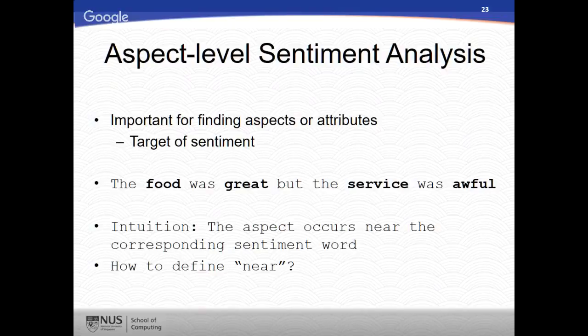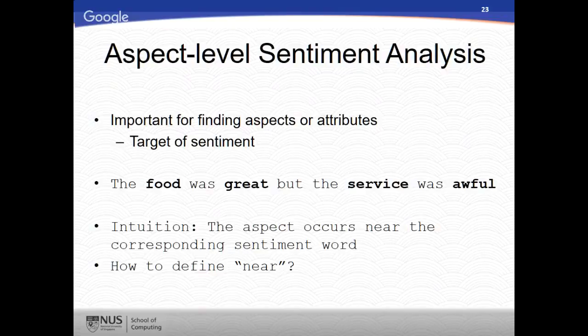It requires some linguistics. The near doesn't mean how many words are between them. One possible measurement of near is the grammatical distance.